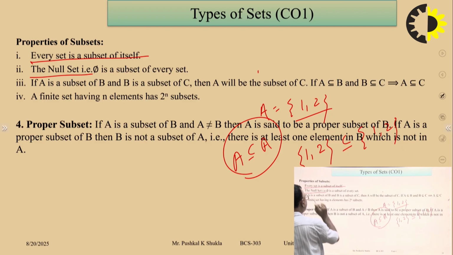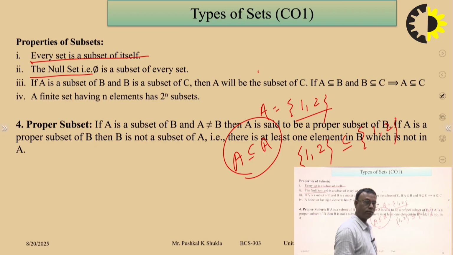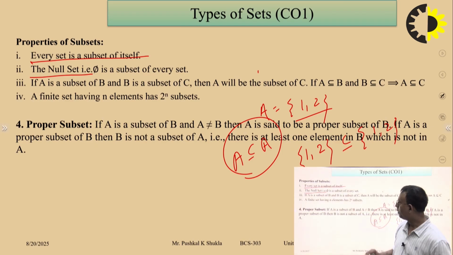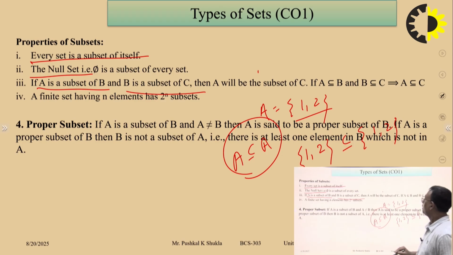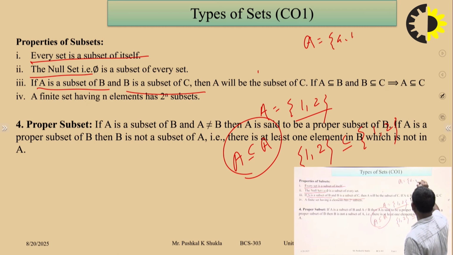The null set phi is a subset of every set. Very important. Phi is a subset of every set. And if A is a subset of B and B is a subset of C, then A will be a subset of C. We can see by example, suppose A equal to {a, b} and B equal to {a, b, c}.